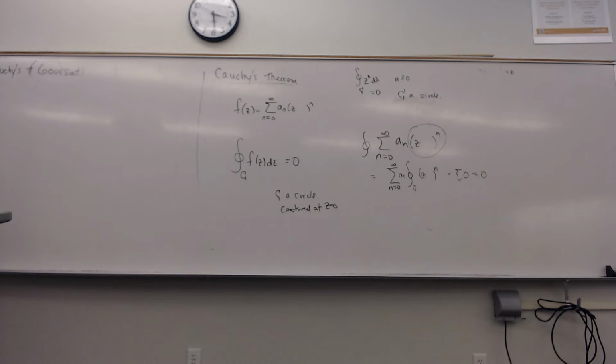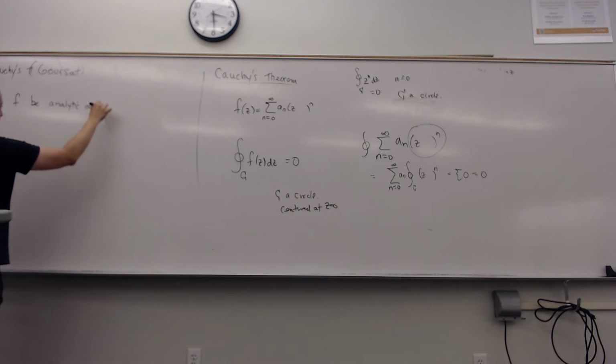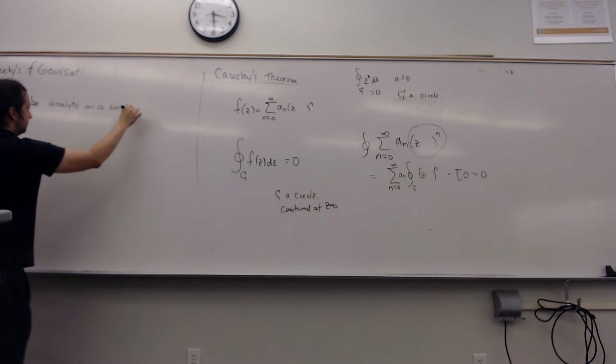I'm going to make a big assumption in the proof of this that doesn't prove the full case, and there are two different ways of fixing it, and one is due to Goursat. Okay, so let f be analytic on a simply connected domain.